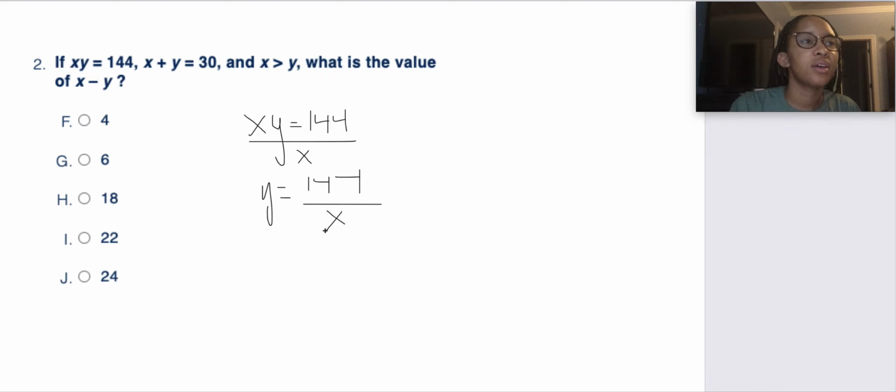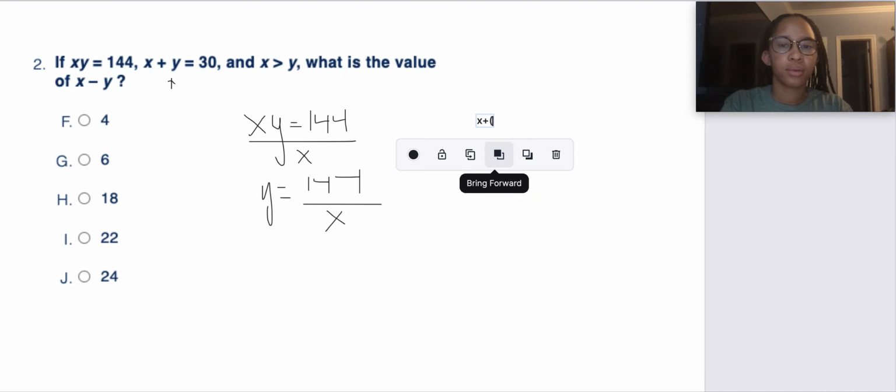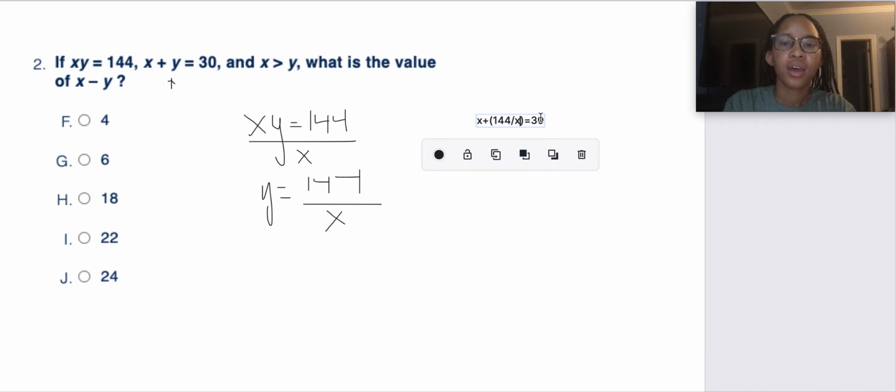And then I would substitute this y equals 144 over x for y in the second equation. So that would look like x plus 144 over x equals 30.